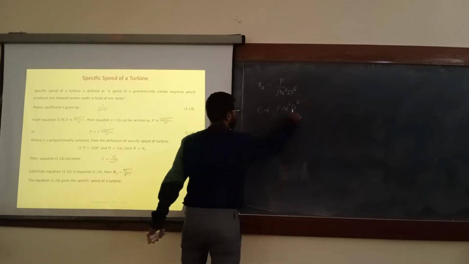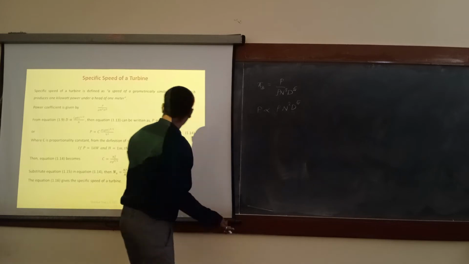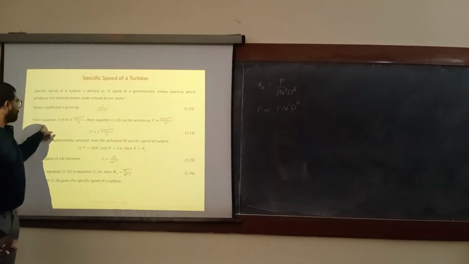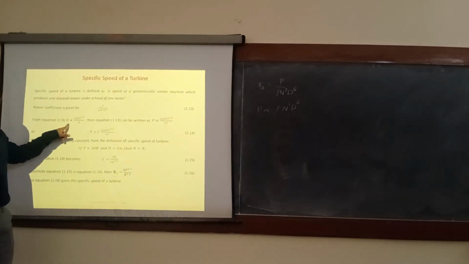Here also we should eliminate D. From the head quotient, we already have this relation from the previous derivation: D is directly proportional to (gH) to the power of 1 by 2 divided by n.